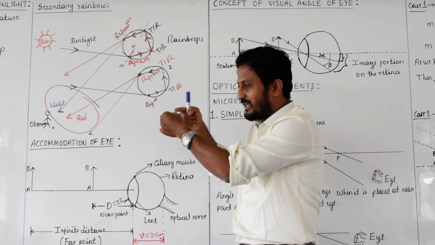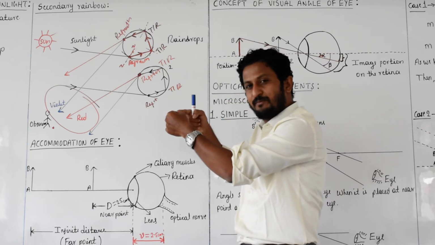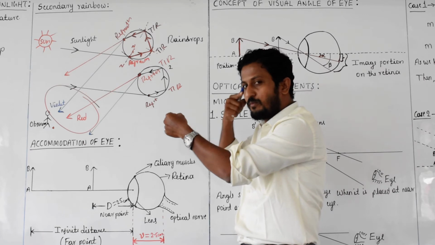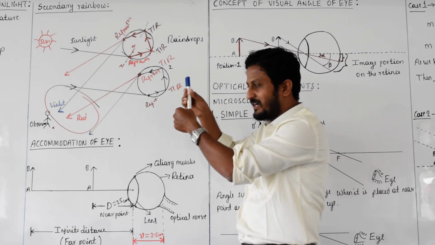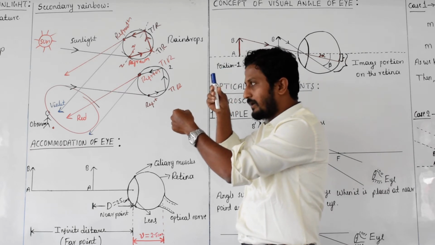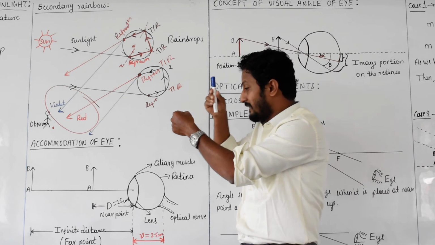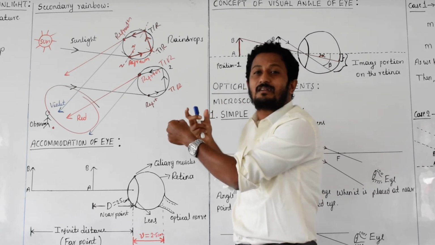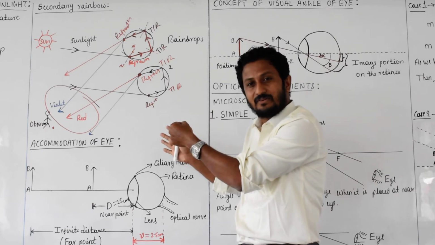This is the 25th centimeter point from our eye. If the object is here between the 25 centimeter point and our eye, then our eye is unable to see its clear image, and the object looks blurred. Why? What is happening at that time? We will tell later.